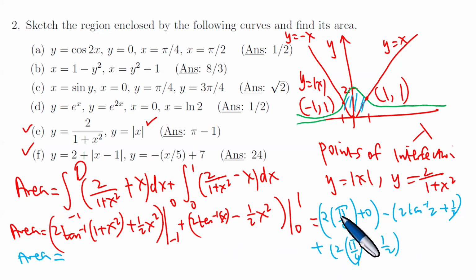This one is going to be exactly pi over 2 here, and this one is going to be plus pi over 2. So we're done with this, and then there's going to be minus 1/2, minus 1/2.